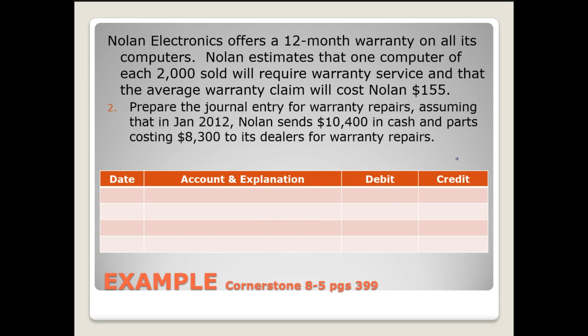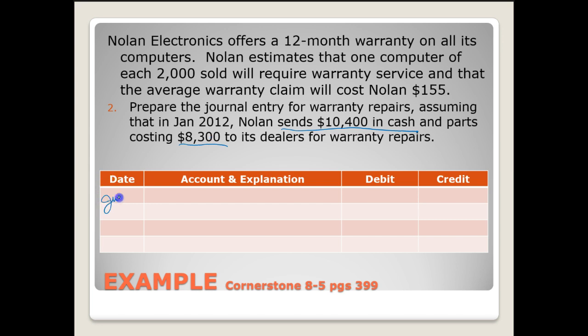Now let's say that in the month of January 2012, there were so many warranty repairs and in order to complete them, Nolan sent $10,400 in cash as well as $8,300 in parts to its dealers for the warranty repairs.